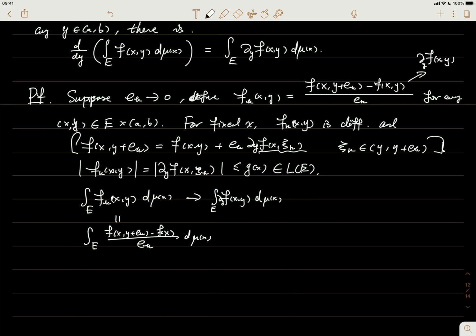Okay, and the limit of the left-hand side, which is this, should be y here.